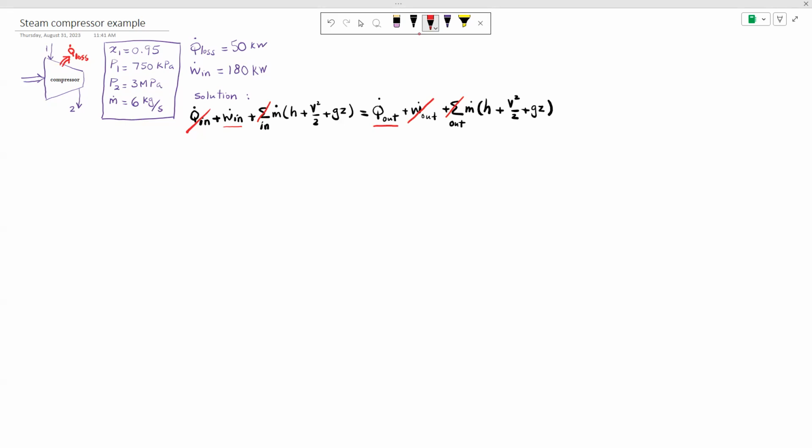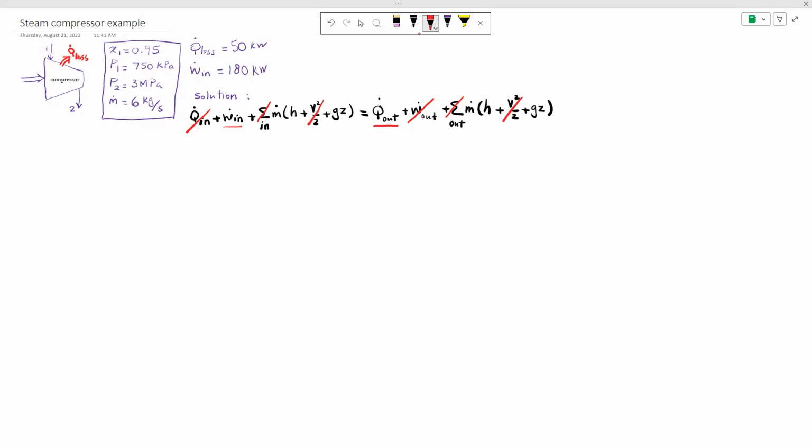Now let's get to the assumptions for kinetic energy and potential energy. No information is given as to whether the inlet pipe diameter and exit pipe diameters are different. So we assume that they're the same or approximately the same, which means that there is no significant change in kinetic energy between inlet and outlet.